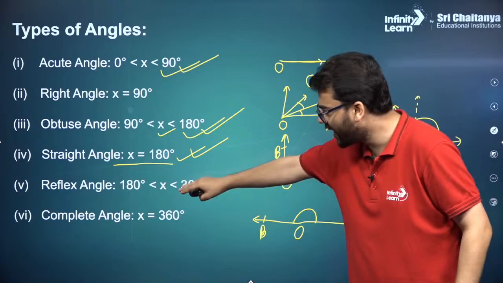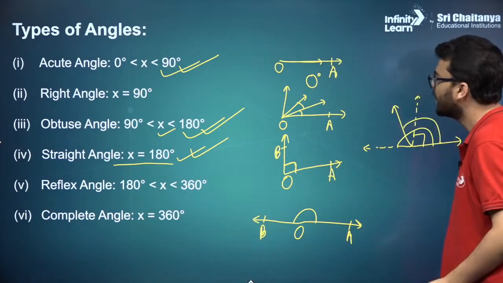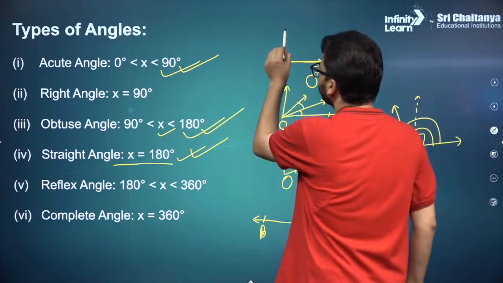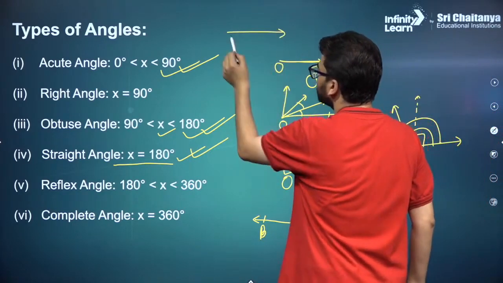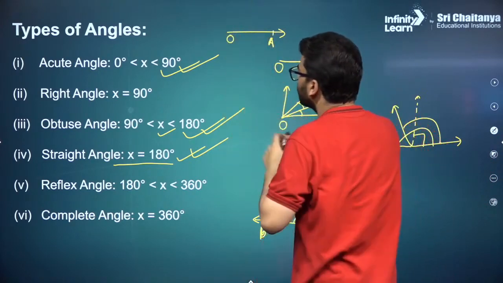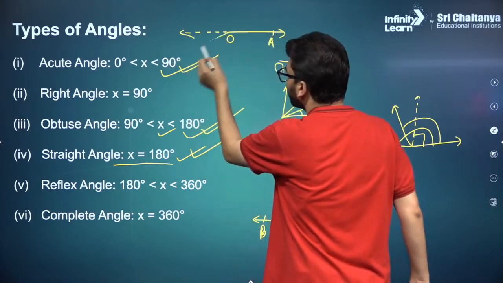Now you have got reflex angle. When an angle is greater than 180 and less than 360, suppose I show you over here. Wait. This is the initial ray, and it has started moving. See, this was 180, guys, so the angle is greater than 180.